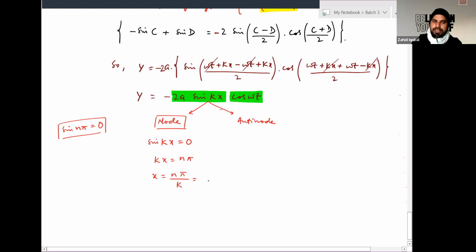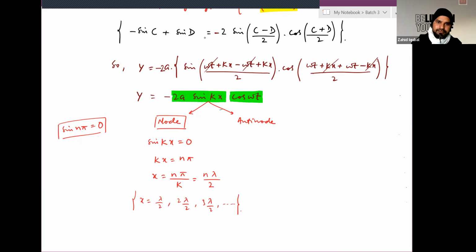If you substitute k equals to 2 pi by lambda, you'll get n lambda by 2. It means if you put n equals to 1, 2, 3, x will be lambda by 2, 2 lambda by 2, 3 lambda by 2, and so on. It means you'll get node at these different positions on the string.